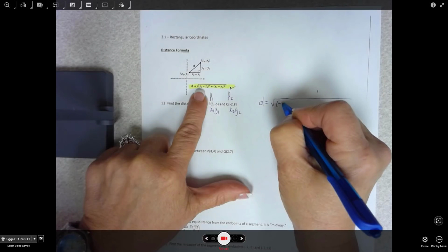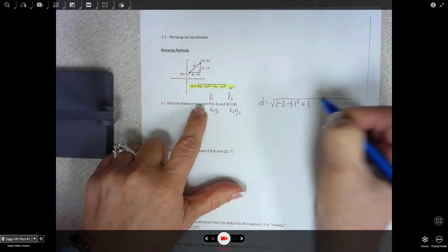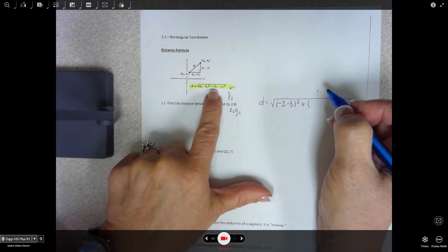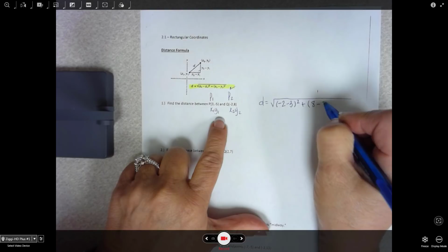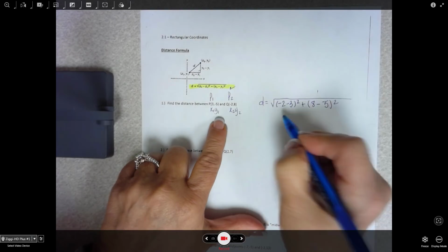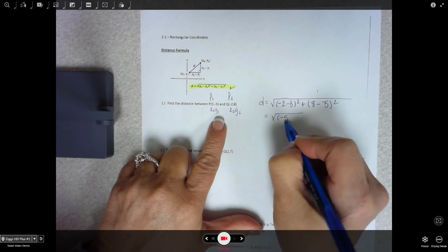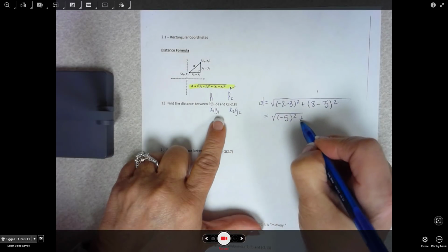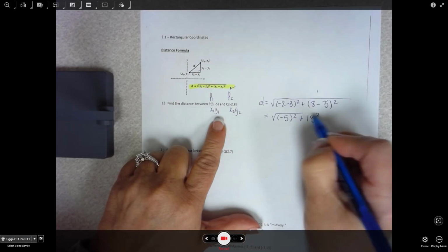So negative 2 minus 3 squared plus y2 minus y1. So 8 minus a negative 5 squared. You have negative 5 squared plus 8, 9, 10, 11, 12, 13 squared.